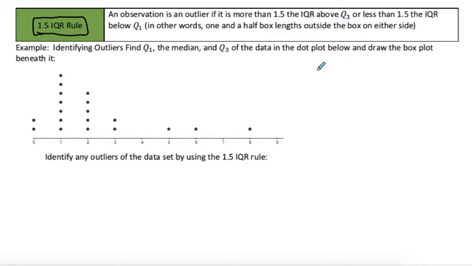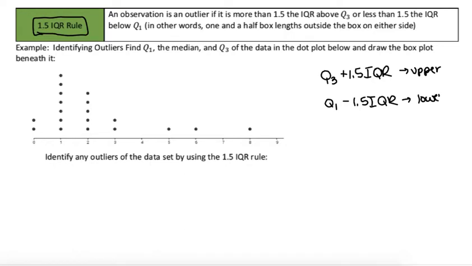So if we're writing that as a formula, we take quartile 3 plus 1.5 IQRs, and this gives us the upper bound. Anything above this value will be an upper outlier. The other way, to find the lower bound, we take quartile 1 and subtract 1.5 IQRs, and this identifies the lower bound for us.